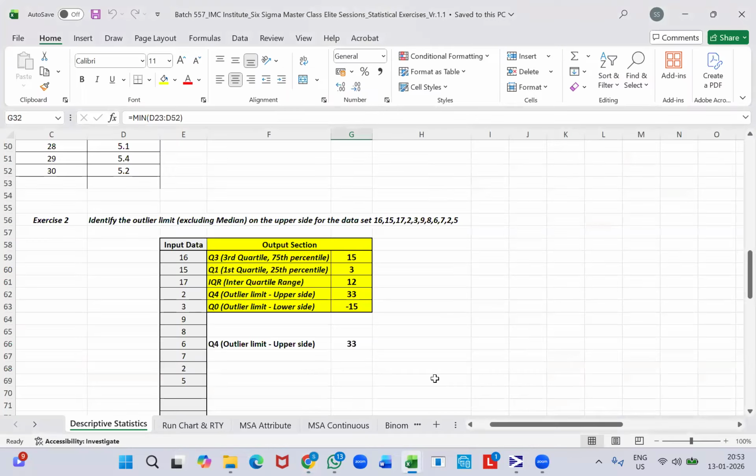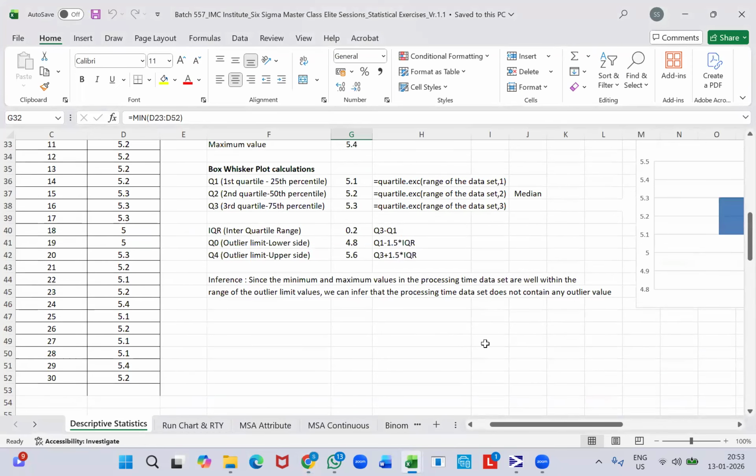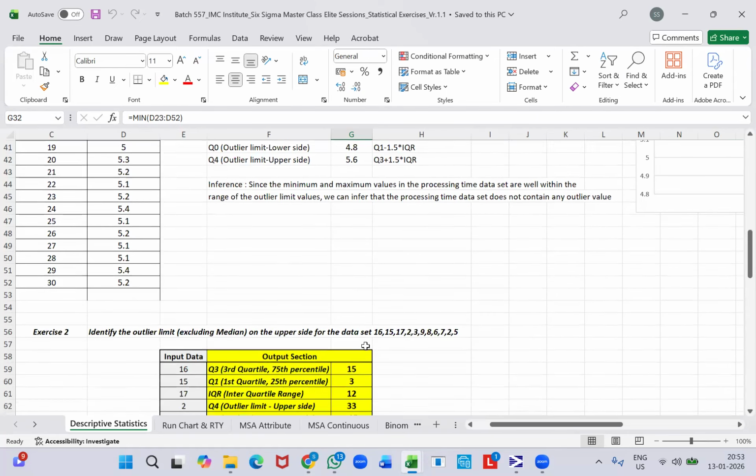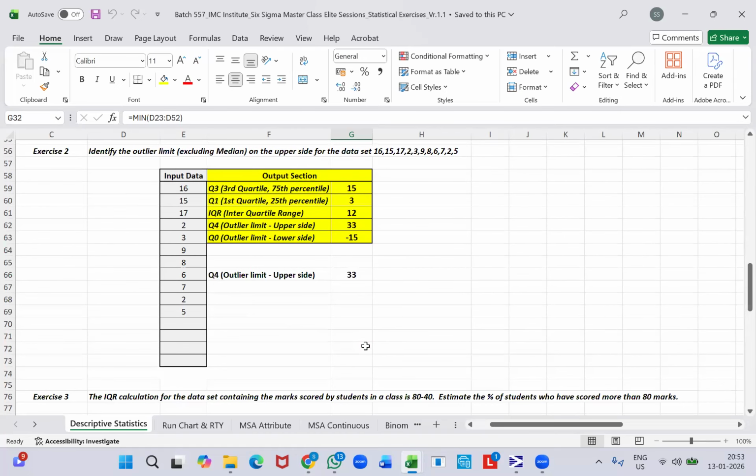So some of the key descriptive statistics measures are provided here for this particular scenario. You can also use the AI tool to perform all these calculations. Side by side, apart from solving these problems using Minitab, for some of the problems we will use the AI tool and see how to perform the calculations. But as I told you on the very first day, we cannot fully depend on this AI tool. Some of the basic tools don't really provide the right answer.